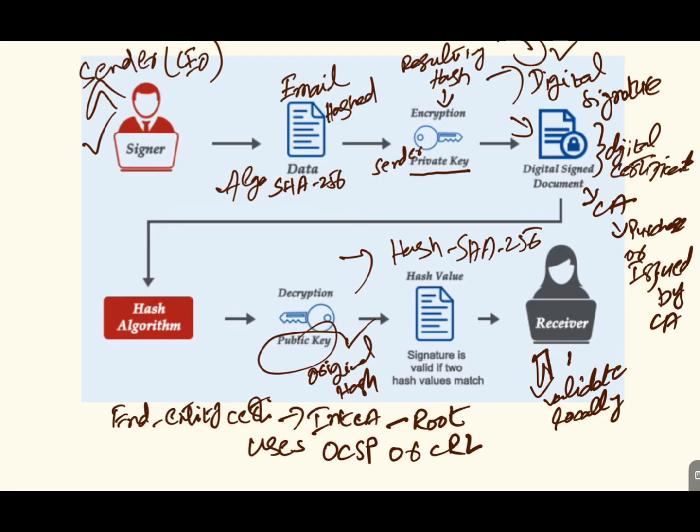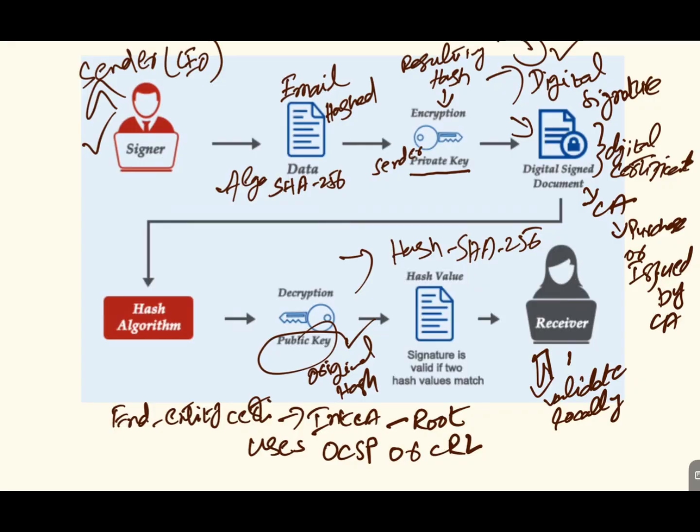So this digital signature, signing with a digital certificate, makes sure of integrity, authentication, and non-repudiation. Non-repudiation means the person who has sent an email cannot deny that he or she has sent it. It does not ensure confidentiality.